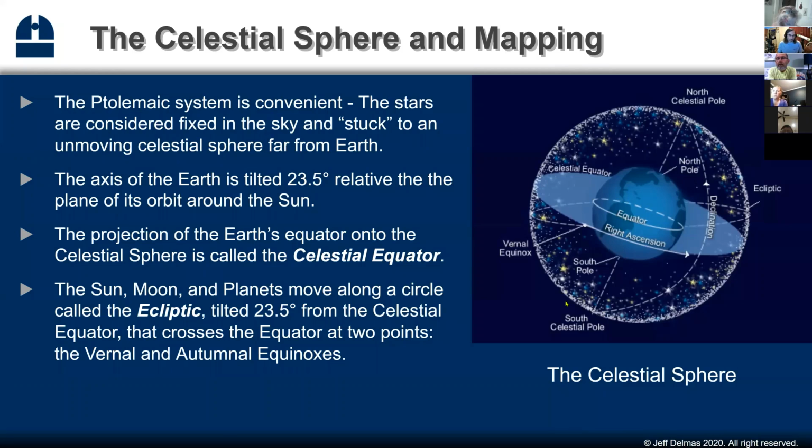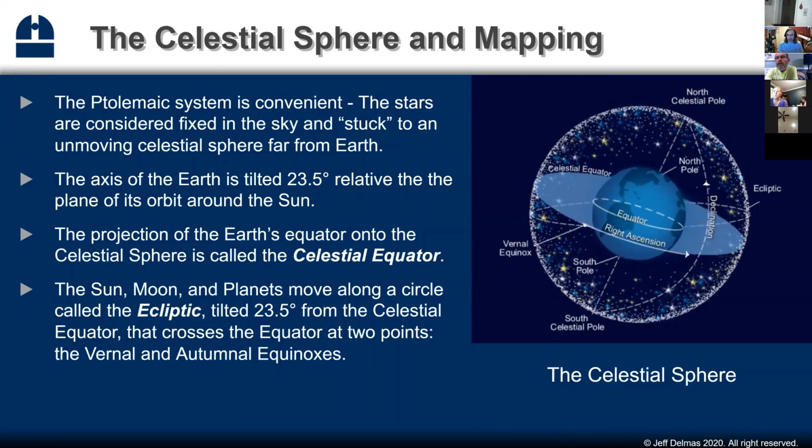from the celestial equator. Now, because our axis is tilted, these two planes are not parallel, and they intersect at 2 points. The 2 points they intersect at are called the vernal and autumnal equinoxes. And you're all familiar with that.